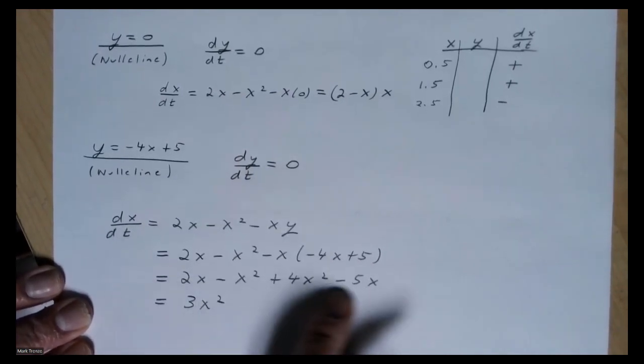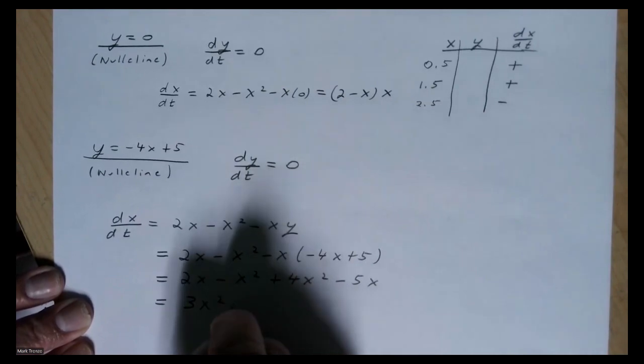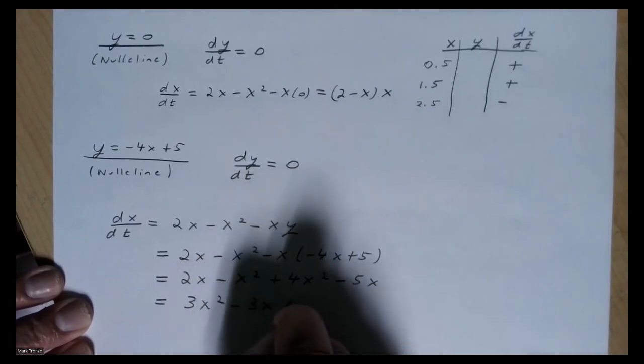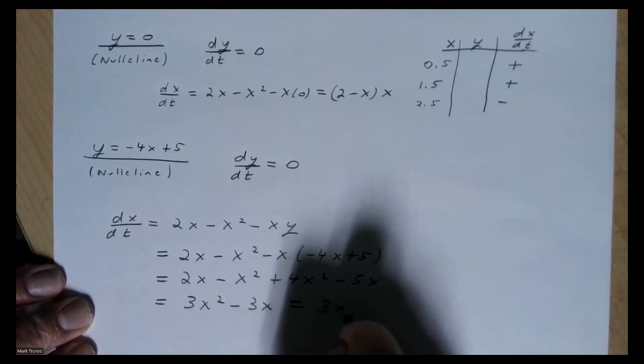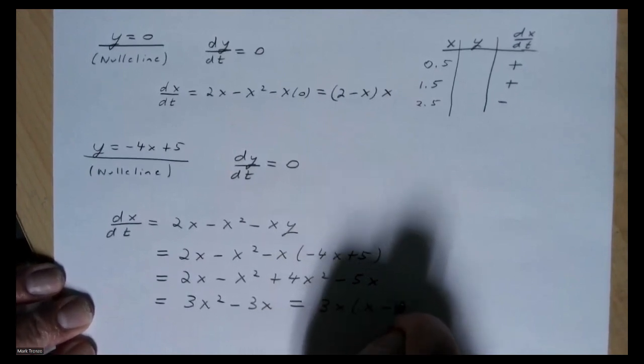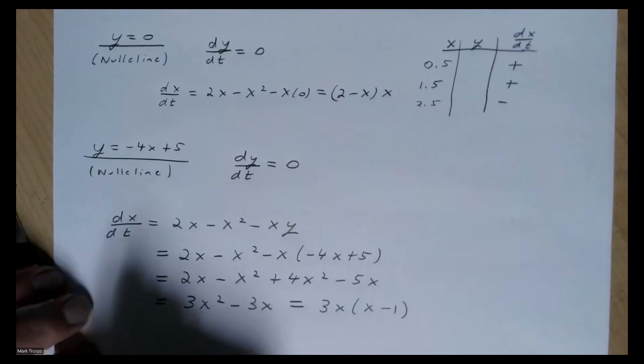This gives 3x squared, and this will be minus 3x. And we can factor out a 3x, x minus 1 like this.